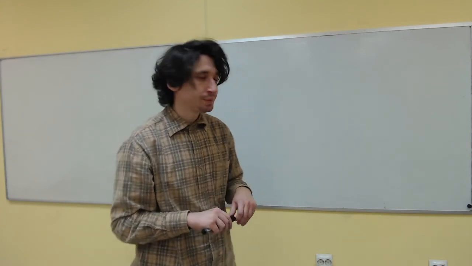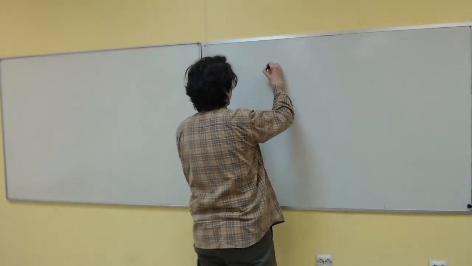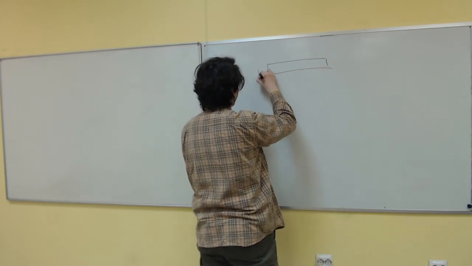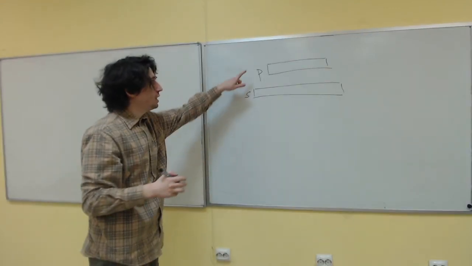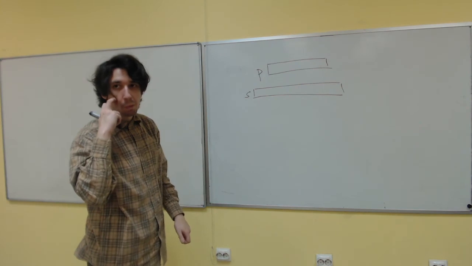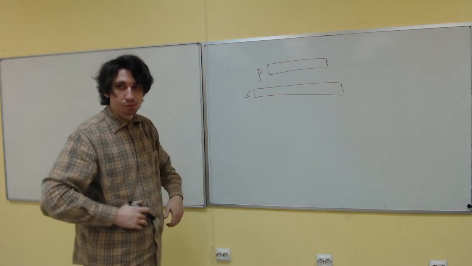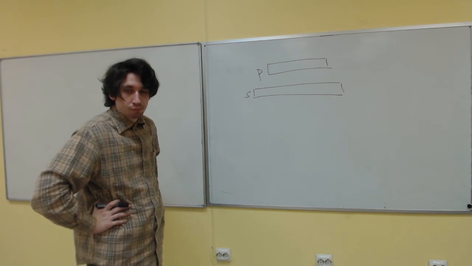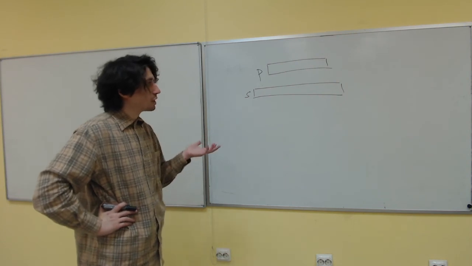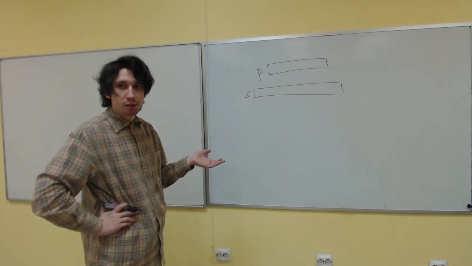Okay, we have some amount of time. So let us think about the following problem, which is not exactly dynamic programming, but it looks similar. We have a string P and string S, and we want to check whether P is a subsequence of S. For example, you can use our longest common subsequence dp for that.